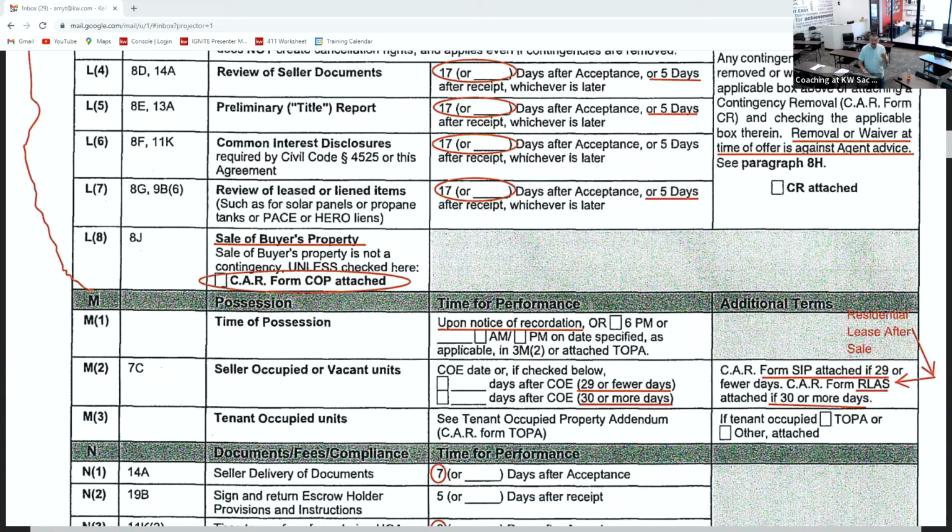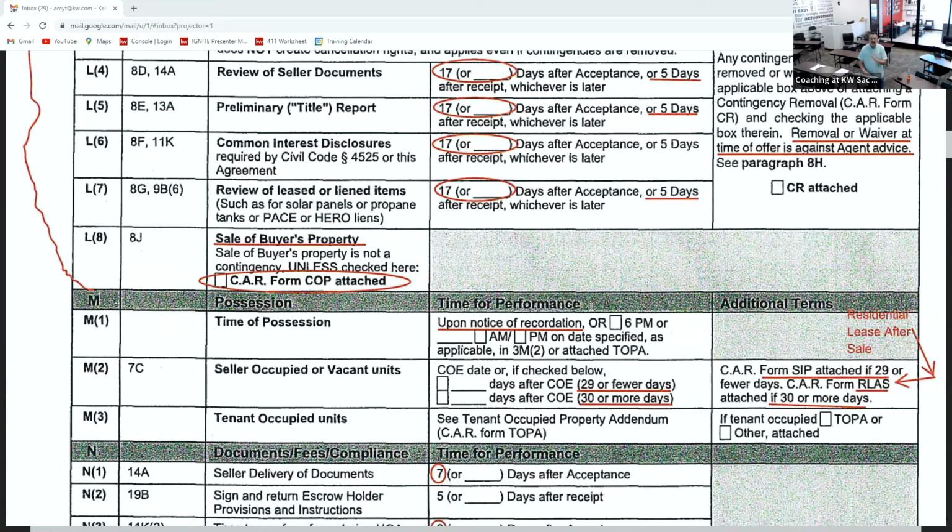There's also within that form COP a box that can be checked, which would say, in the event that the seller of this property receives any other offer that they are interested in accepting while this buyer is in contract, they can give this buyer a notice that, hey, I'm giving you the right of first refusal.